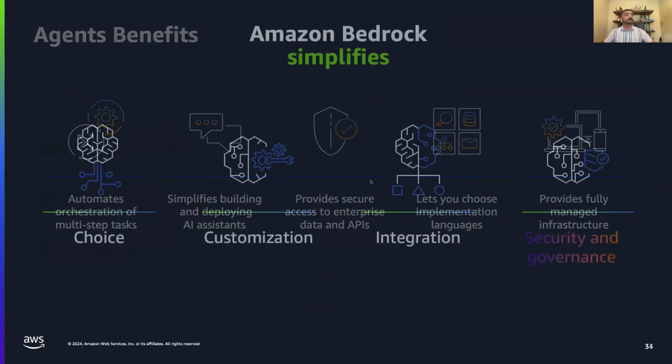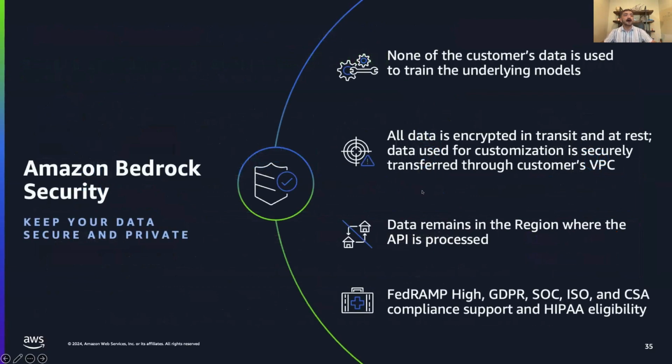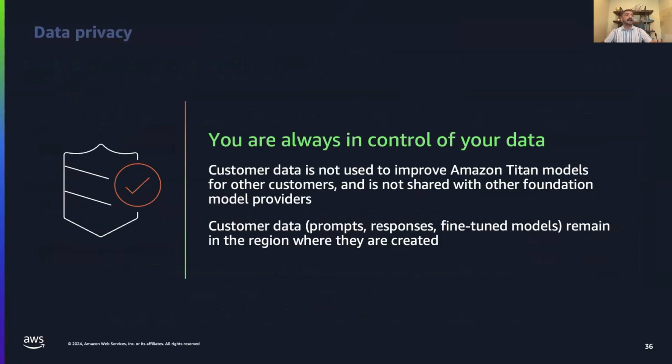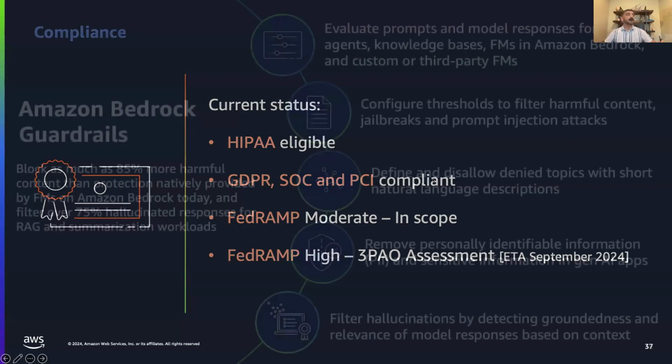And when it comes to security, it goes with HIPAA, GDPR, SOC, ISO, CSA compliance. And again, you can control your data with Titan models or with any of the cloud models that support it. This is the current status, but it could be changing as you speak.